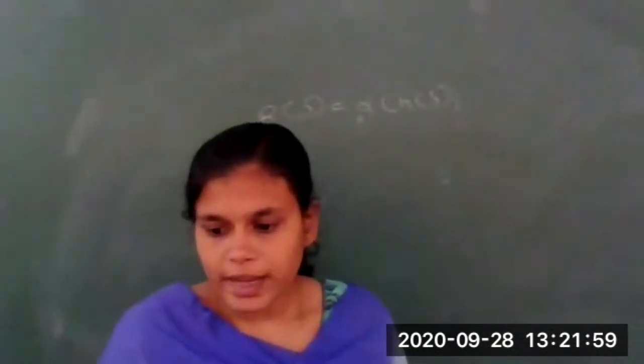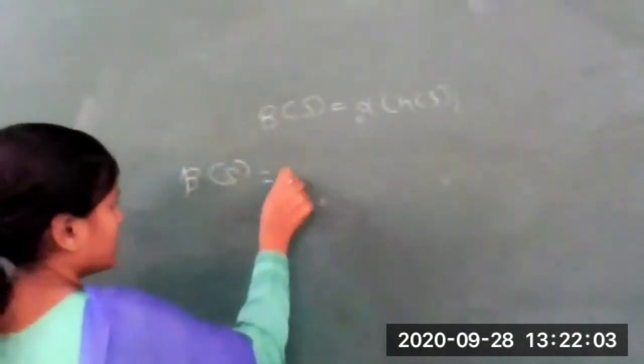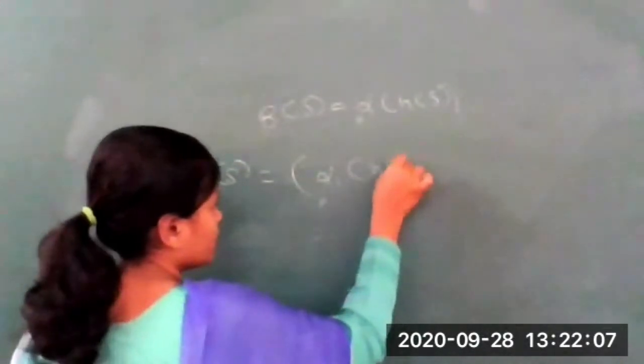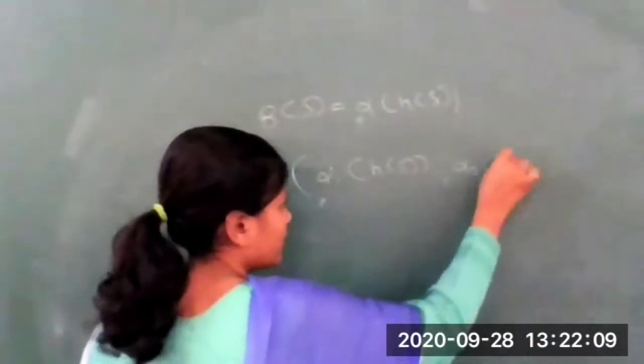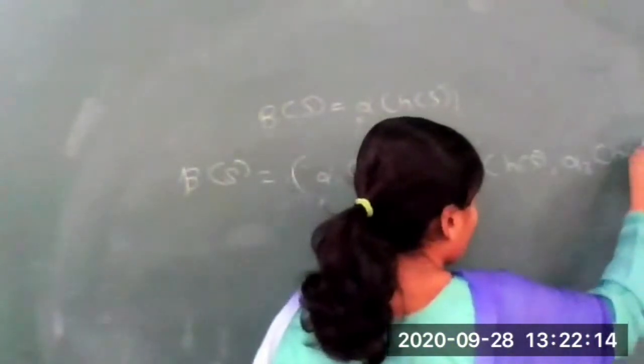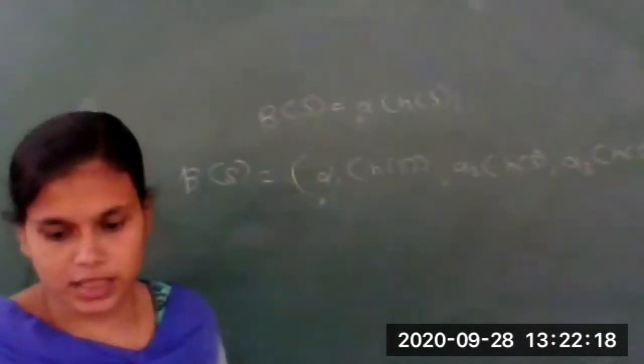So for that, let us first write down beta of s, which is nothing but alpha 1 of h of s, alpha 2 of h of s, alpha 3 of h of s. How are you going to differentiate this?